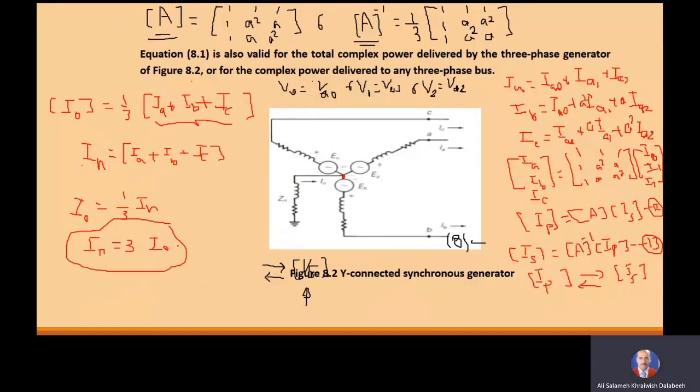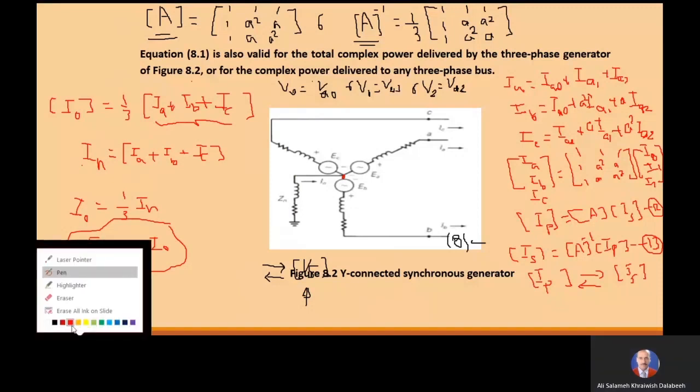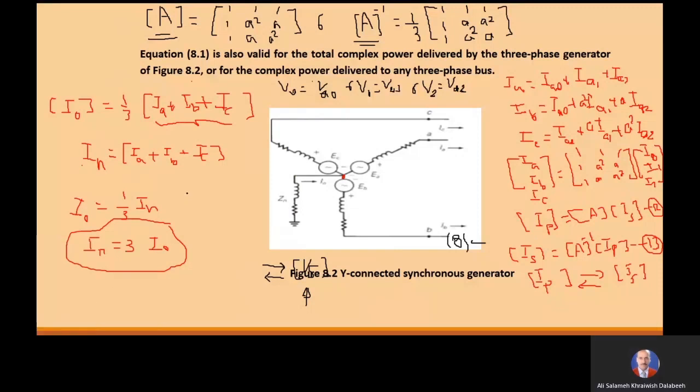Now, suppose we have a three-phase system. As we said, this system may be symmetrical, and in general, the system is unsymmetrical.